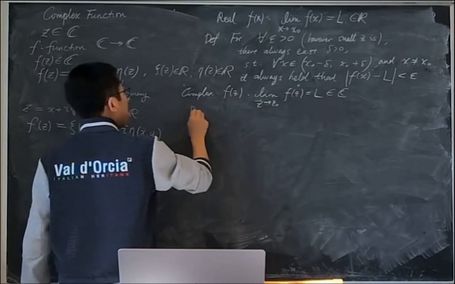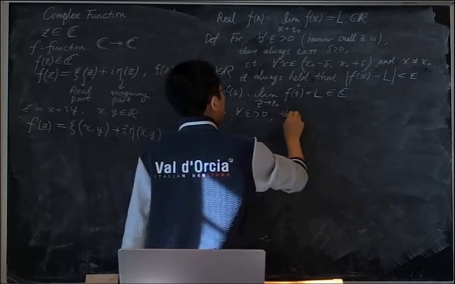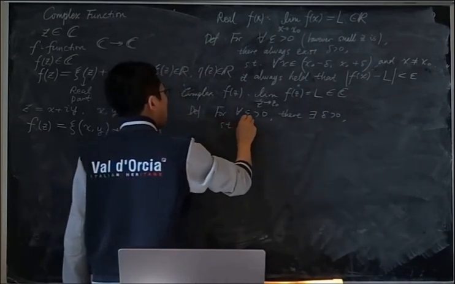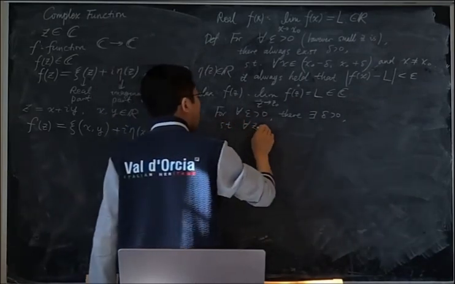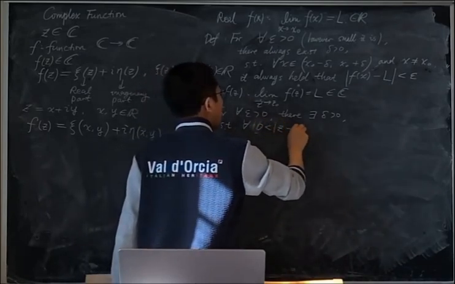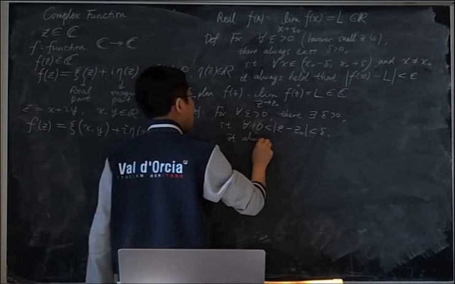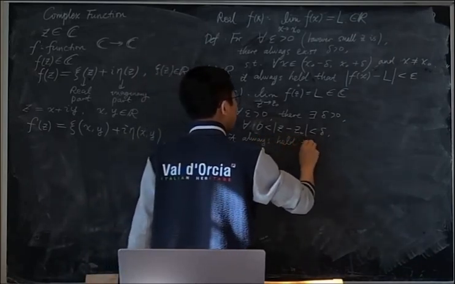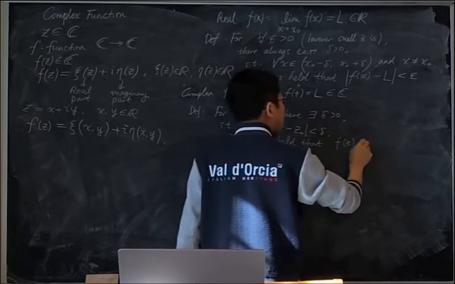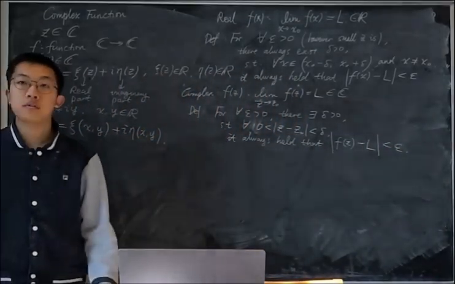So the definition: if for any epsilon greater than 0, there always exists some delta greater than 0 such that for any z with 0 smaller than the absolute value of z minus z naught smaller than delta, it always holds that the function value is sufficiently close to the target limit.